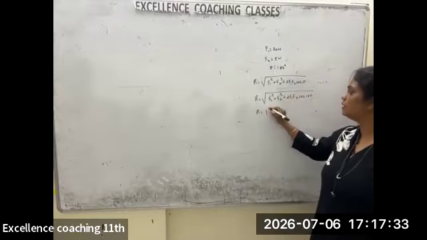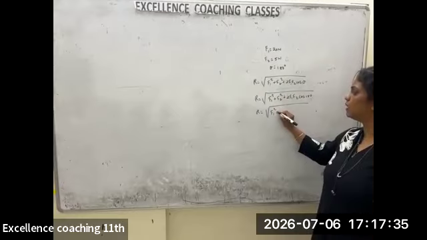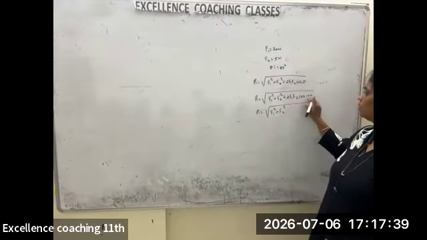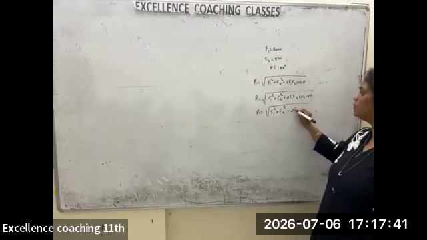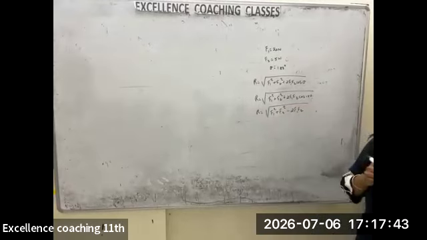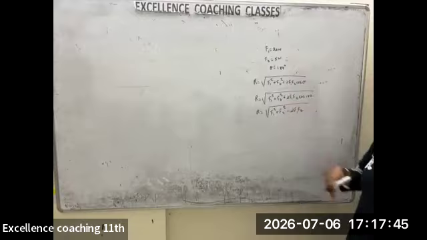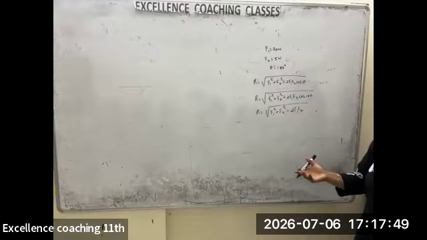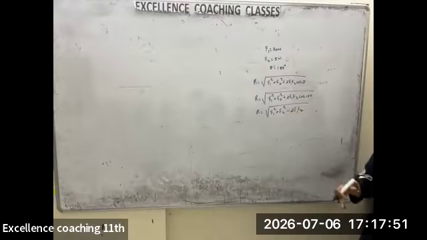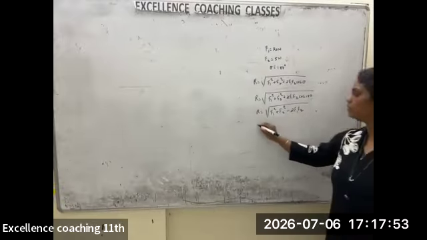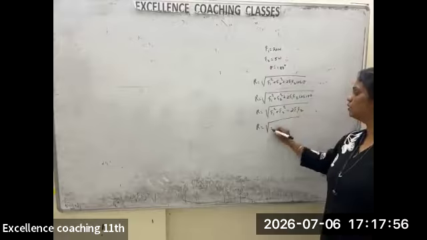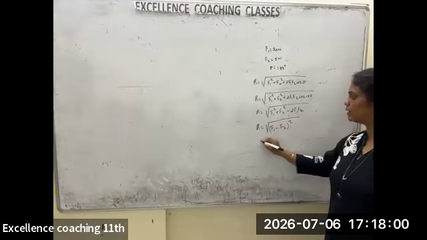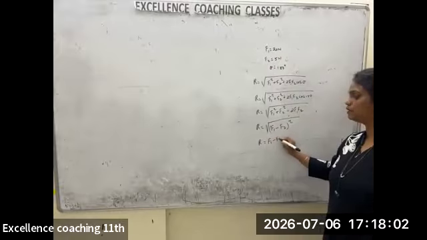So R will be F1 square, do not substitute anything, plus F2 square minus F1 F2. And what is this? A square plus B square minus AB. It is A minus B the whole square. So R is equal to root of F1 minus F2 the whole square. Square root and square get cancelled out. It will be F1 minus F2.